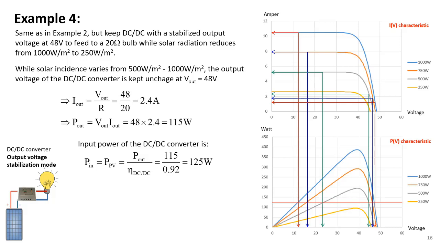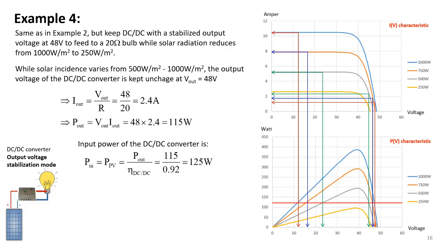As already explained before, we will choose the working point on the right-hand side of the maximum power point for lower losses. In this case, when solar irradiance is 1000 watt per meter square, this working point has voltage of around 48 volts and current of about 1.4 amperes.